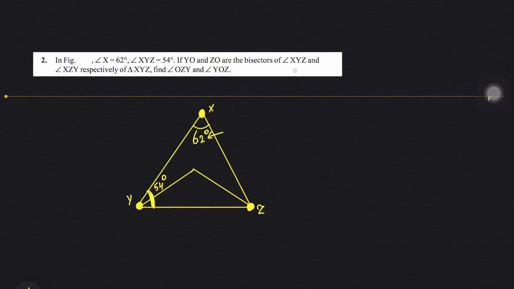If YO and ZO are the bisectors of angle XYZ and angle XZY respectively of the triangle XYZ, we need to find angle OZY and angle YOZ. So we need to find angle 1 and angle YOZ, this one angle 2.